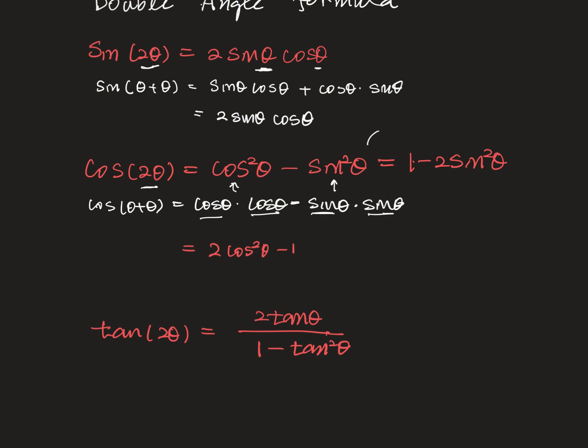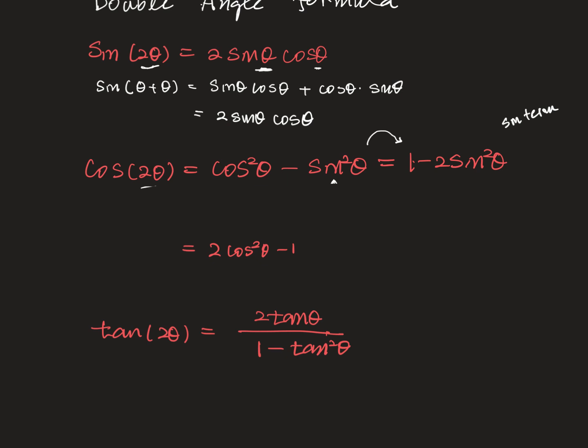Then how can we find a version with only a sine term? We're going to change cosine in terms of sine, using the Pythagorean identity.